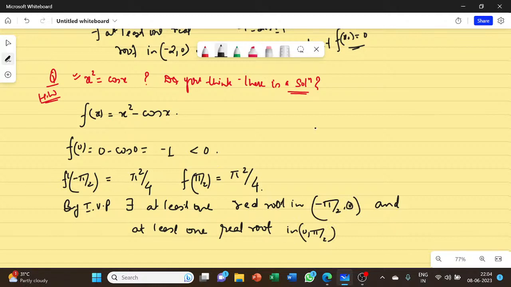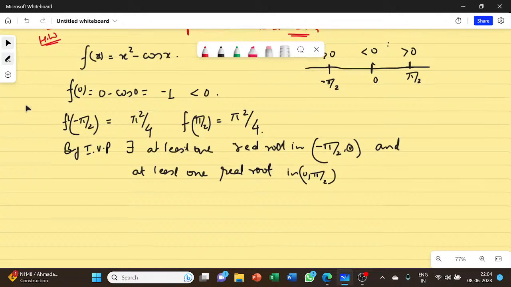Because you can see that at minus pi by 2 my function has a positive sign. At exactly 0 my function has a negative sign, and at exactly pi by 2 again my function has a positive sign. So my function is changing sign from negative to positive. So by the intermediate value property of continuous functions that we studied yesterday, there would exist at least one point between 0 and pi by 2, and at least one point between minus pi by 2 and 0 such that my function is 0. So there would exist at least one real root here and one real root here.